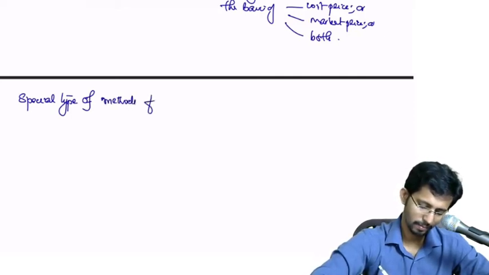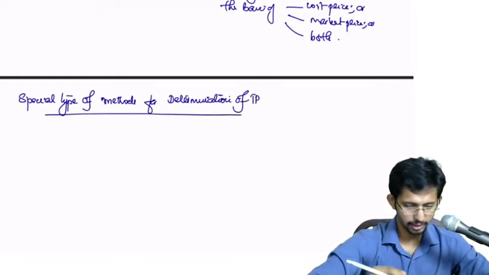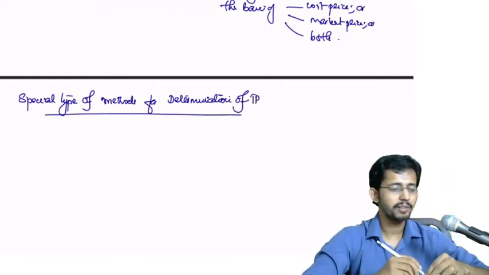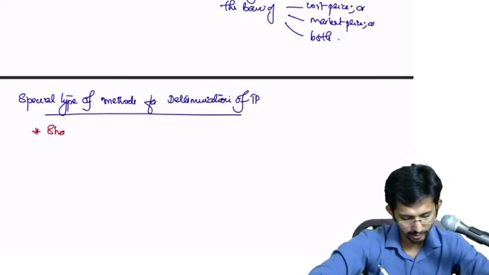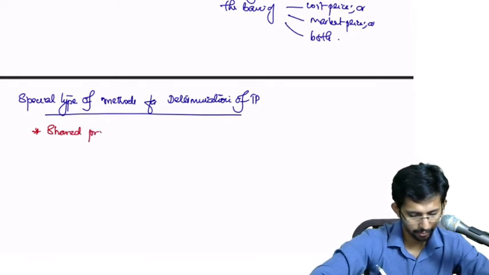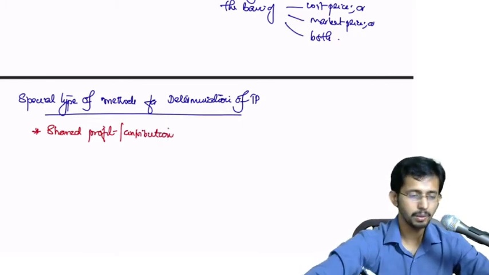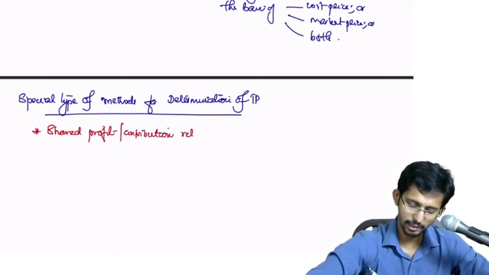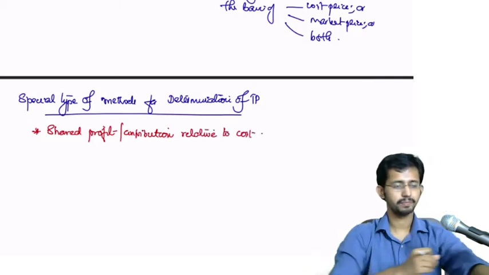Okay, now there are special types of methods for determination of TP. Under that, the first one is shared profit or contribution relative to cost.